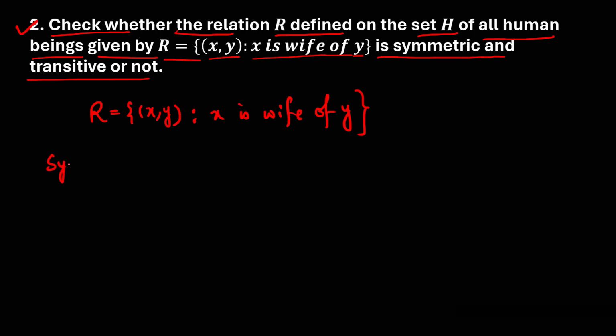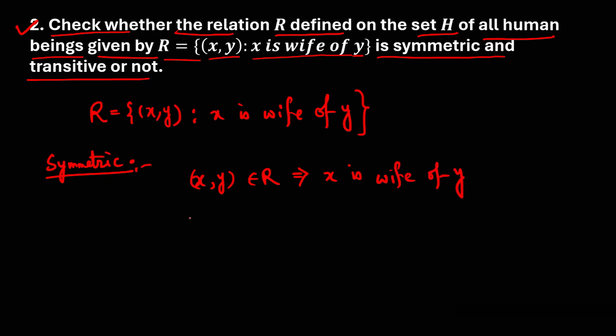So check whether it is symmetric. (x, y) belongs to R means x is wife of y.